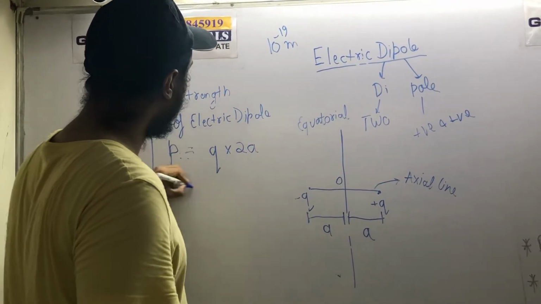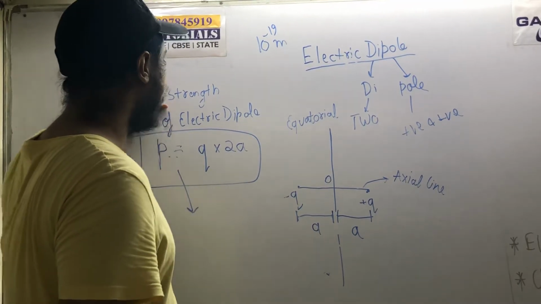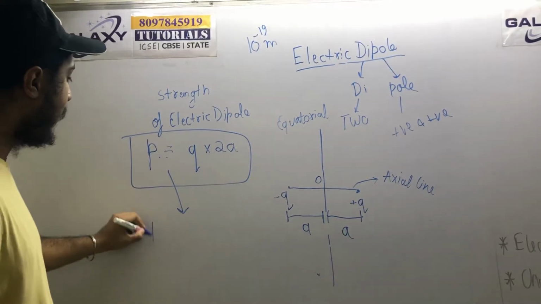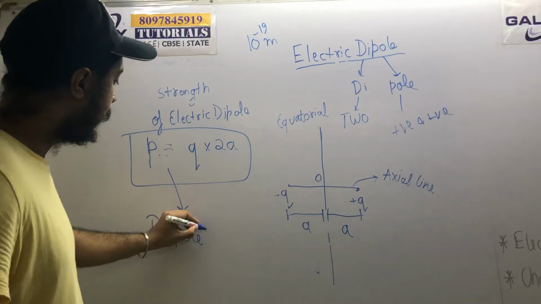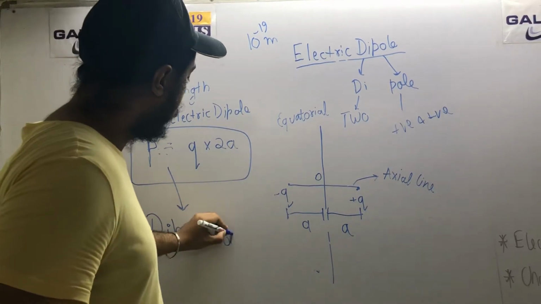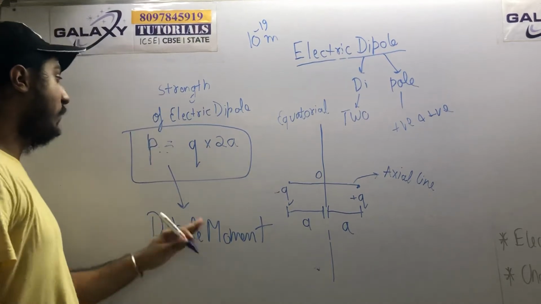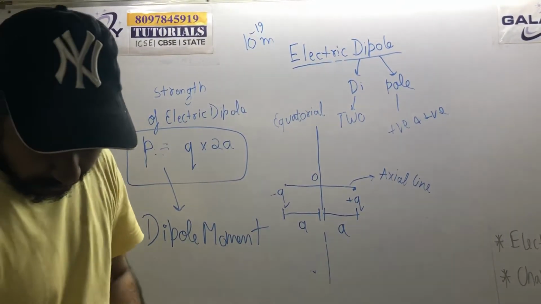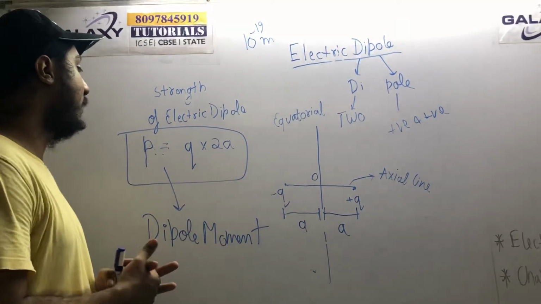This is the value of the dipole moment. Either you can say it as strength of the dipole, or you can say it as dipole moment. Dipole moment is nothing but the strength of the dipole. So this is the simple formula for the dipole moment.